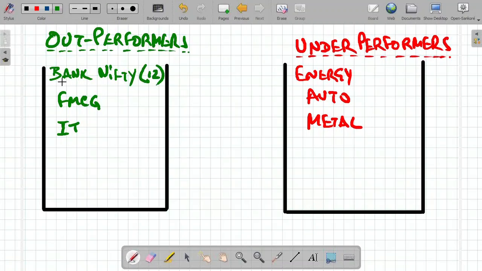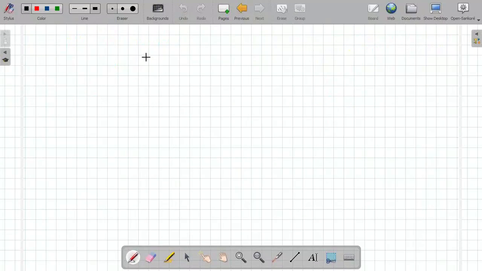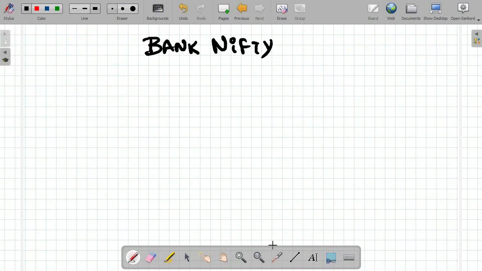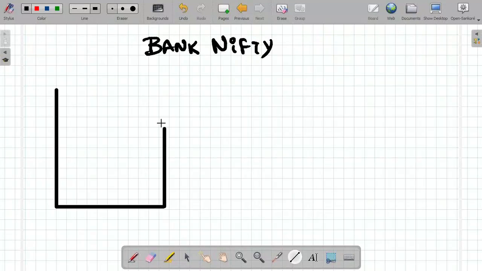Now we drill down to one sector at a time. Let's say we now come down to the Bank Nifty stocks. We know we have 12 stocks under Bank Nifty. Let's open one more bucket. Now we are talking about Bank Nifty stocks, and under Bank Nifty stocks, I can again have two buckets.